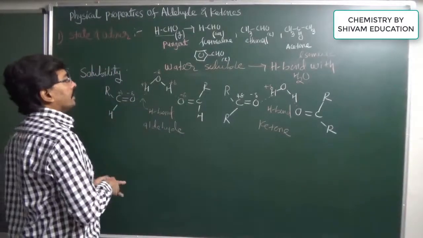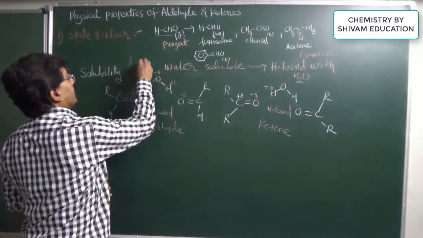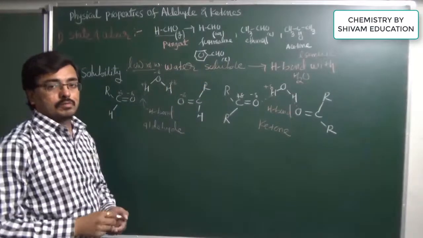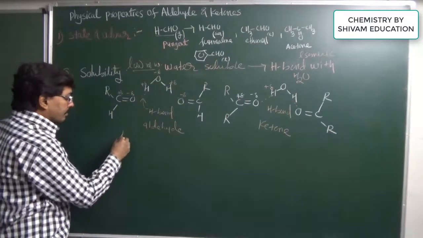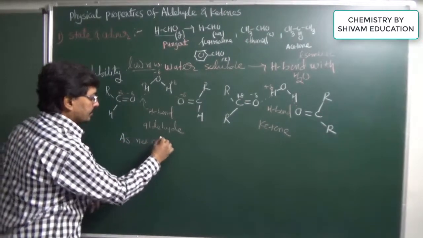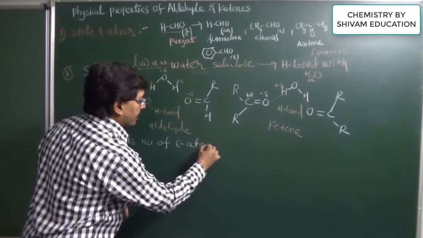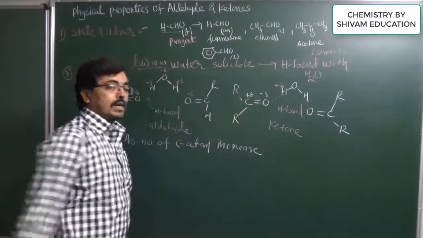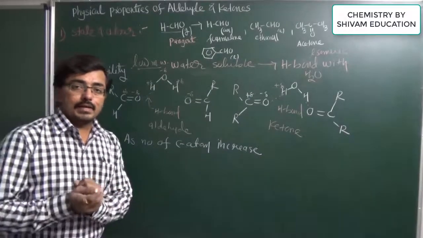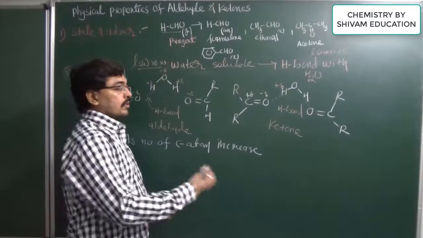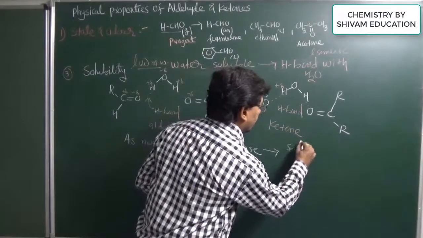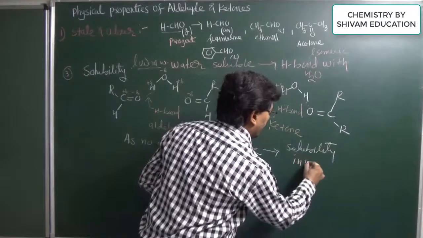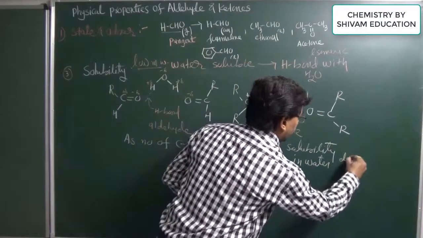But we have to write that this applies to lower molecular mass ones. If the molecular weight is lower, then they are very easily water soluble. Then one more thing: as the number of carbon atoms increases, it creates a hindrance in hydrogen bonding, and because of this hindrance, solubility in water will decrease.